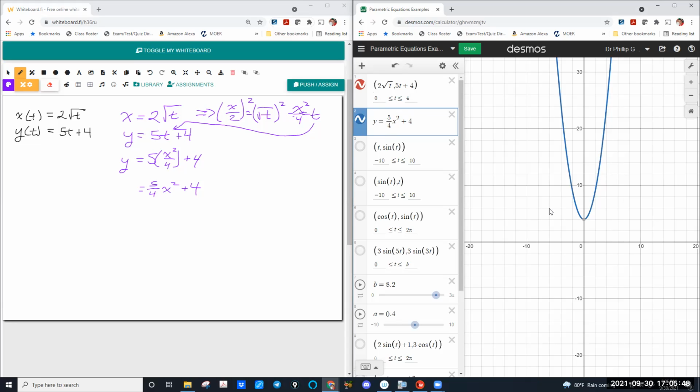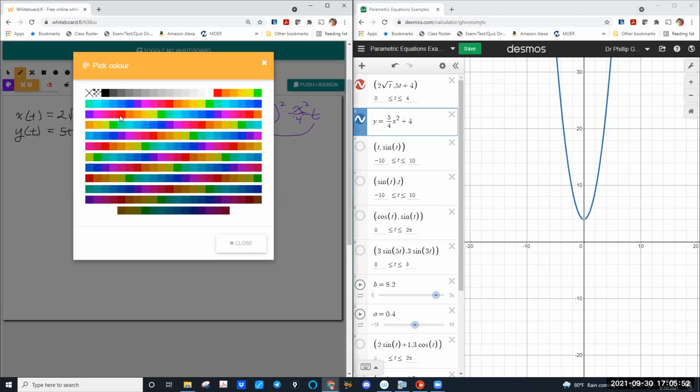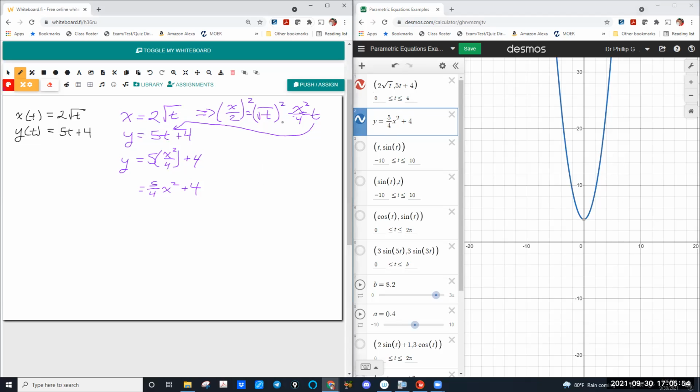We weren't getting that before. That's because of what our step was in eliminating the parameter right here. Because to do that, we squared both sides. What that did is that allowed for both positive and negative x values. But based off of our parametric equations, based off of this piece right here, we know that x does have to be greater than or equal to 0.